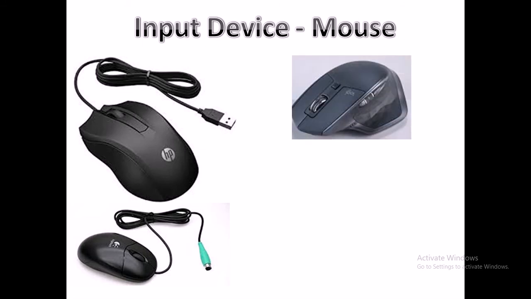Nowadays different kinds of mouse are available in the market. The mouse that has a green port is a PS2 mouse. Nowadays we use a USB mouse. The next mouse is a wireless mouse that works with Bluetooth.